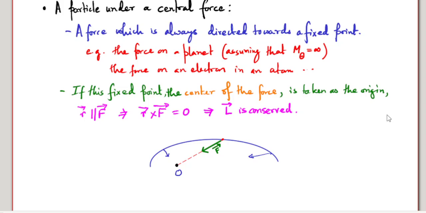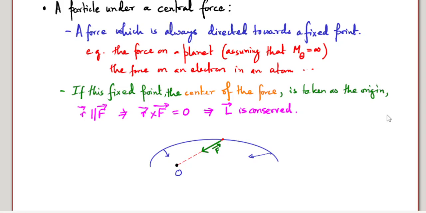Let me repeat once again. This fixed point is called the center of the force. And here, the force changes in direction, in magnitude, but always keeps on pointing towards the same point. So an obvious choice for the origin would be this center of force, the point towards which the force is always directed.